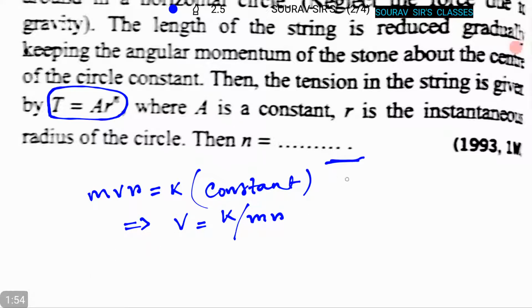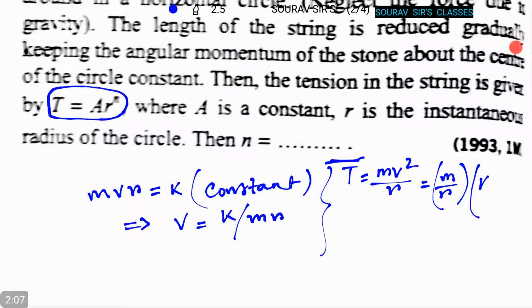Now we can write T is equal to m v square by r, that is equal to m by r into (k by m r) whole square, that is equal to k square by m into 1 by r cube.